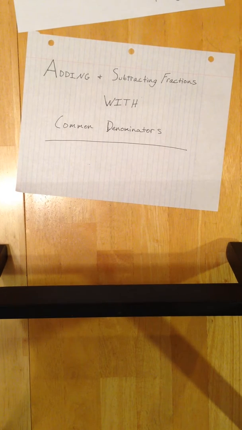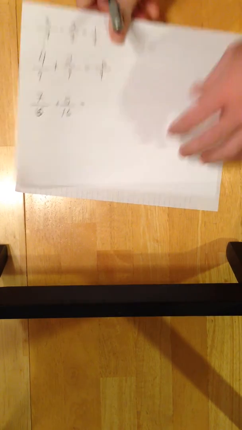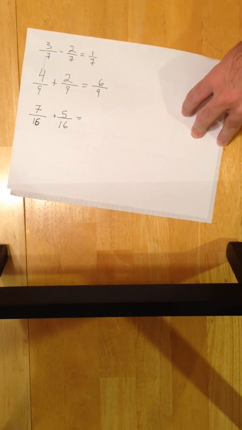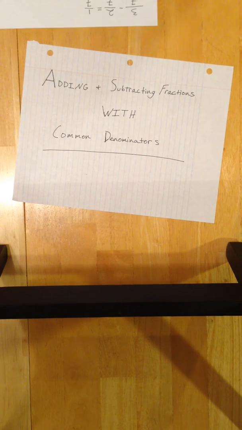So next one I want you guys to write down is 7/15 plus 5 over, oh, my mistake, 7/16 plus 5/16. And that equals, so 7 plus 5, that's pretty easy to see, that's 12/16, right? Okay, very good. All right, everyone see that?